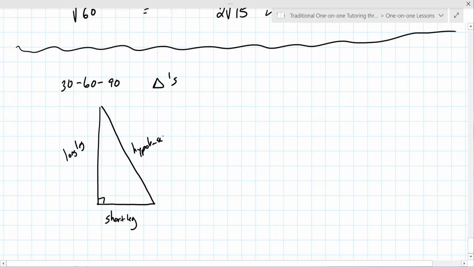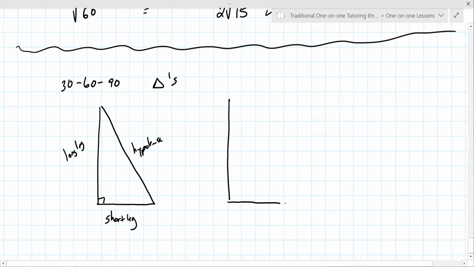And again, there's no problem on the SAT where they're just going to ask you straight up to find one of the sides, but they're going to ask you in another context to use this information. So that's why you've got to be so solid at this skill. That way, when you see the problem, you can quickly work through this.